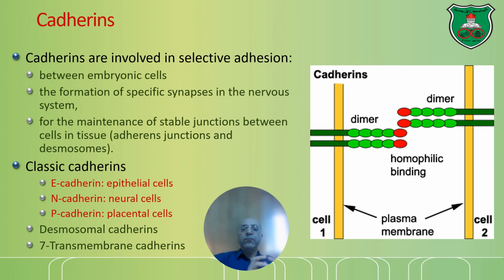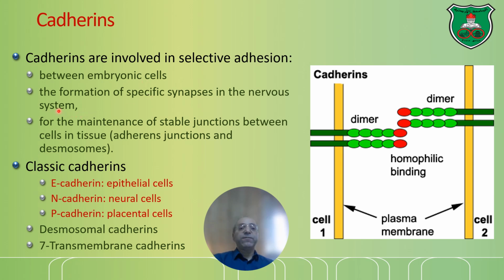Cadherins form homophilic interaction with other cadherin molecules between cells. And the interactions between cadherins take place throughout development and throughout our life. So they are physiologically important. These interactions take place between embryonic cells, and they play important roles in development and differentiation.